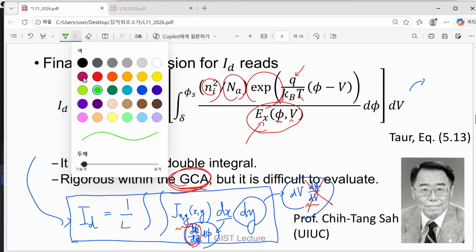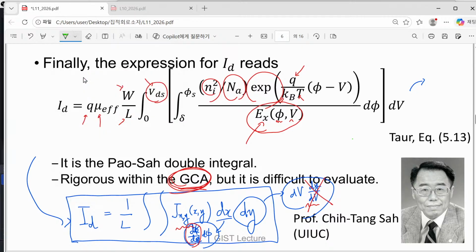It is the surface potential at a given y position, or given electron quasi-Fermi potential, that really makes a problem. Once you can find this φs at a given V value, then this integration becomes really trivial. But how can you find φs? That is the real problem, and it will be covered in our next lecture, lecture 12.